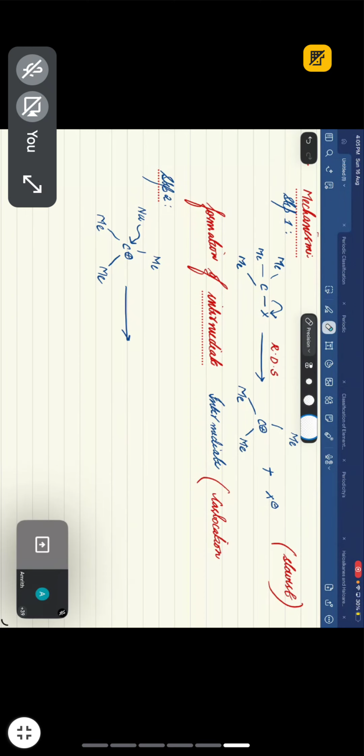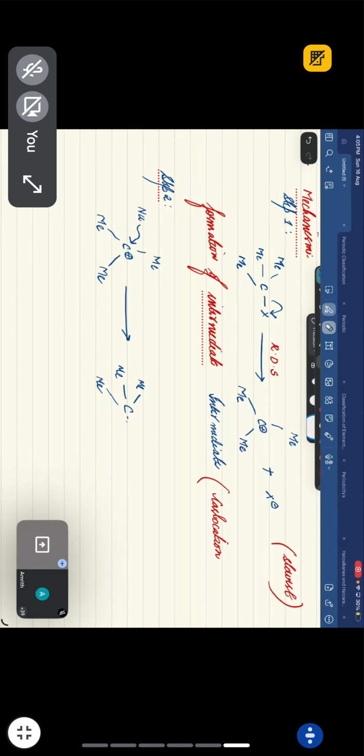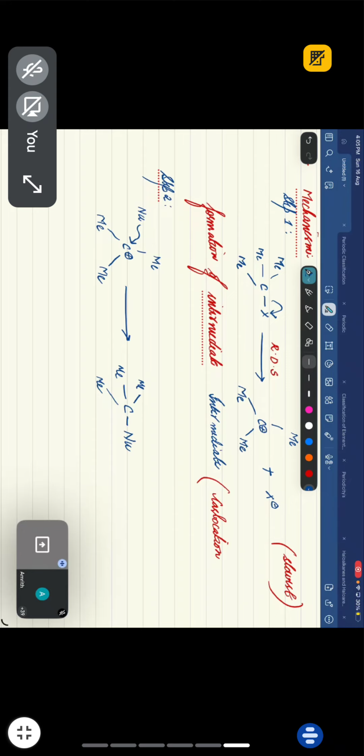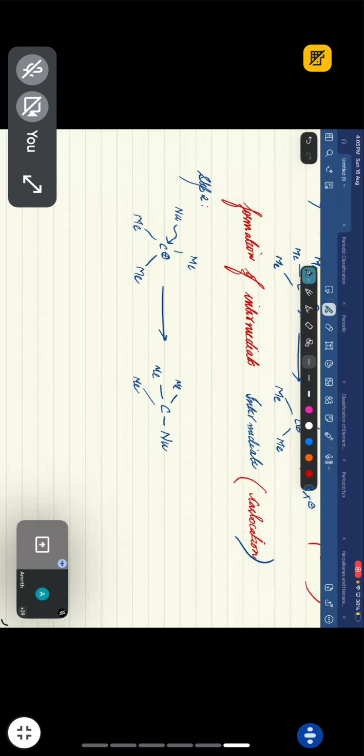C and Nu with 3 methyl groups. What does this Nu stand for? Nucleophile, any sort of nucleophile. So the first step is the formation of the carbocation. Your carbocation is the intermediate. The second step is the attack of the nucleophile.